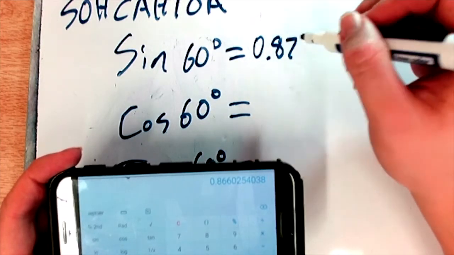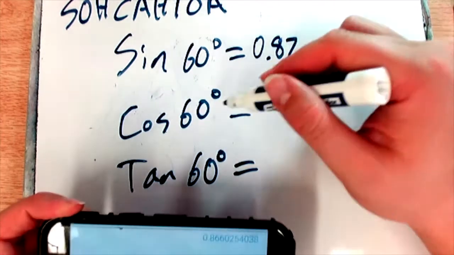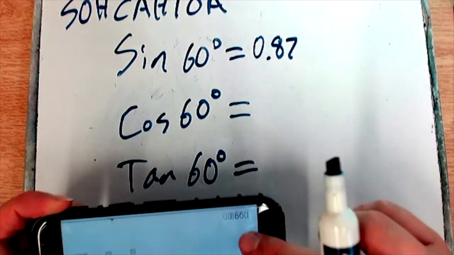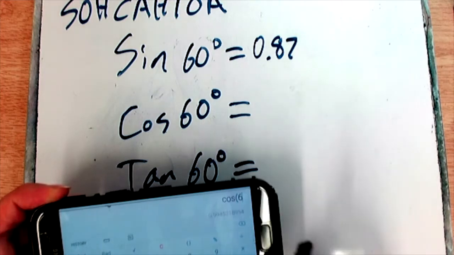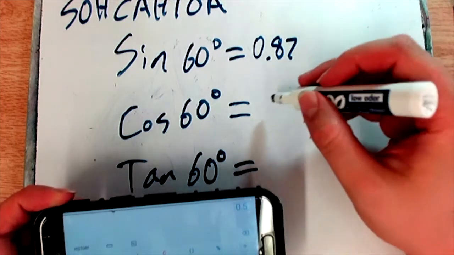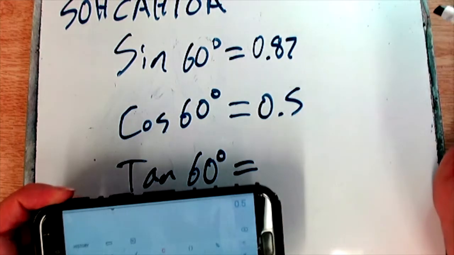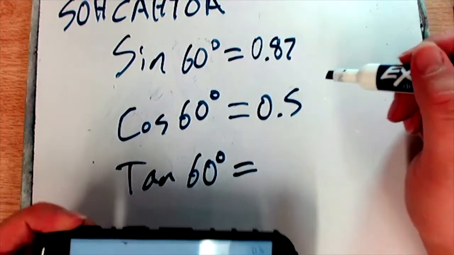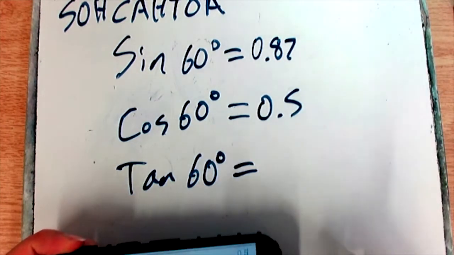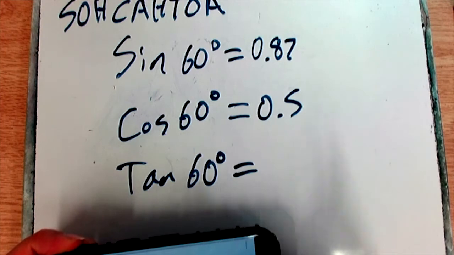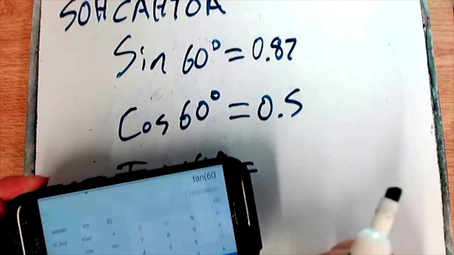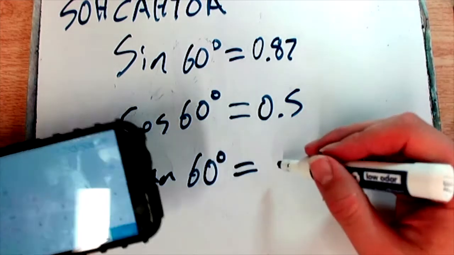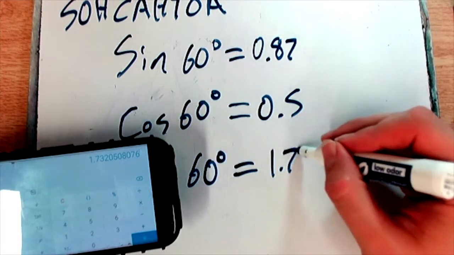Now, cos of 60, I hit cos 60 equals, and I get an answer of 0.5. That one's simpler. Now, tan of 60, I hit the tan button, put in 60, and I get 1.73.